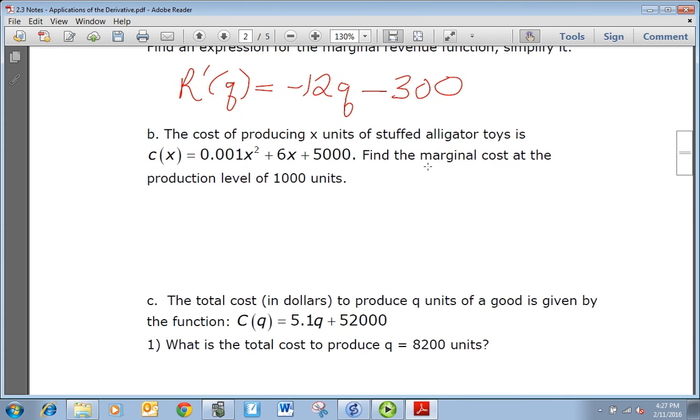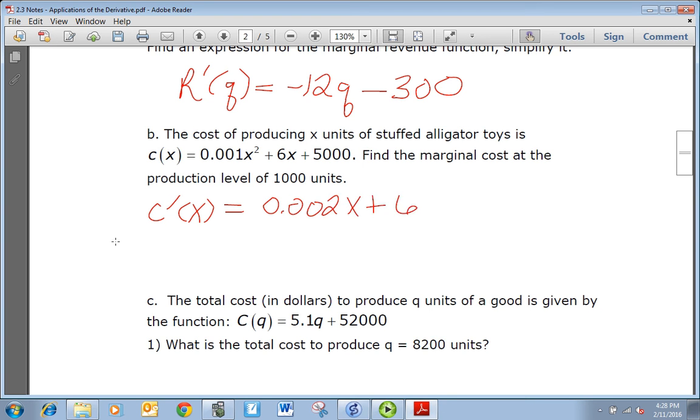Part B, the cost of producing X units of stuffed alligator toys is C of X equals 0.001X squared plus 6X plus 5,000. Find the marginal cost at the production level of 1,000 units. So again, we want to start by finding C prime of X, which is going to be 0.002X plus 6.